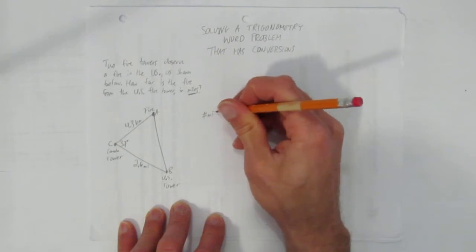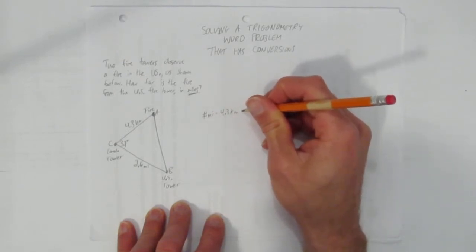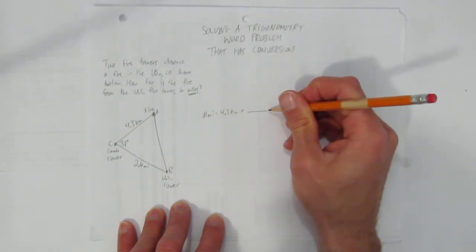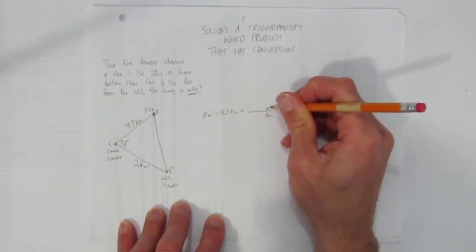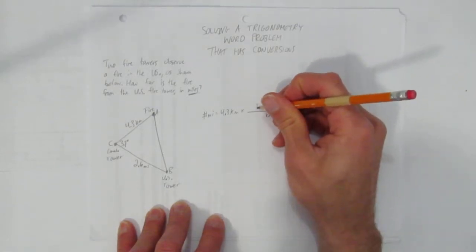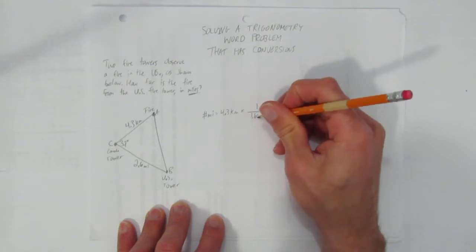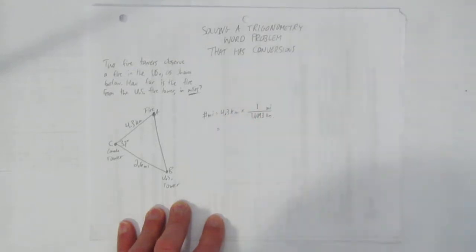So the number of miles is going to be 4.3 kilometers times, I'm trying to get rid of kilometers, so those go on the bottom, and I'm going to miles, so those go on the top. On a test you'd be given the conversion that 1 mile is 1.6093 kilometers. So let's do the conversion.